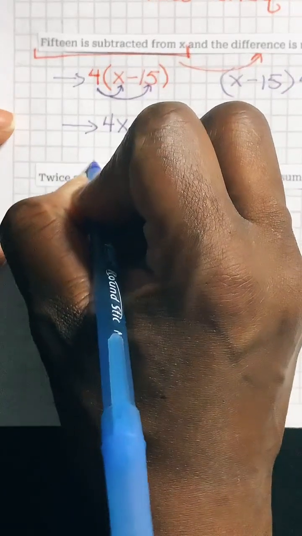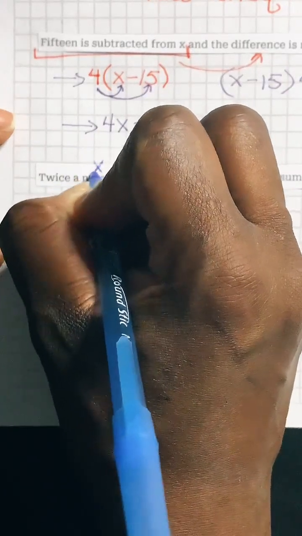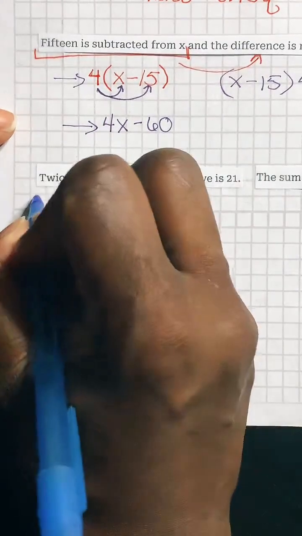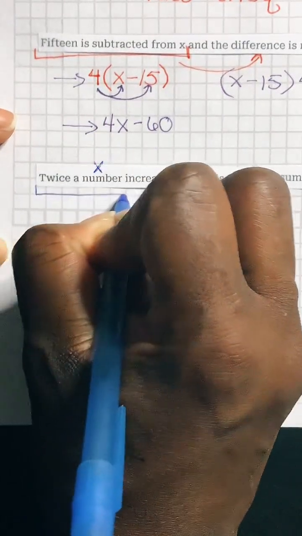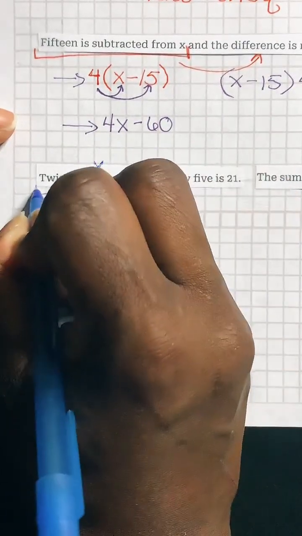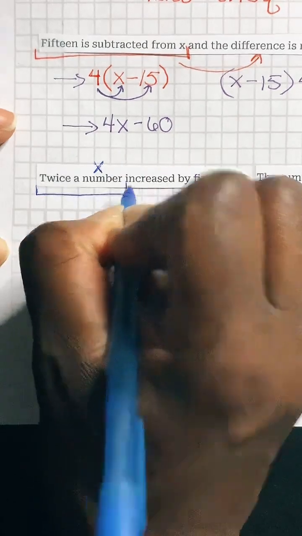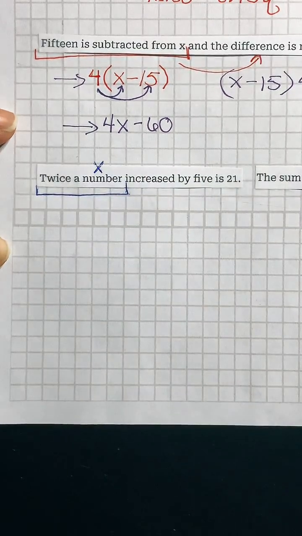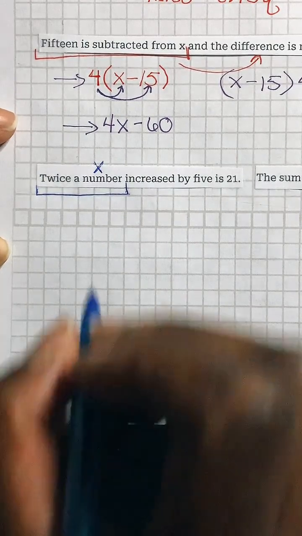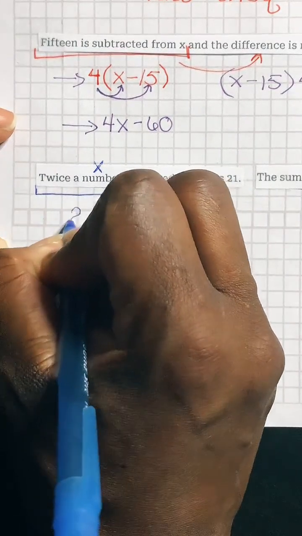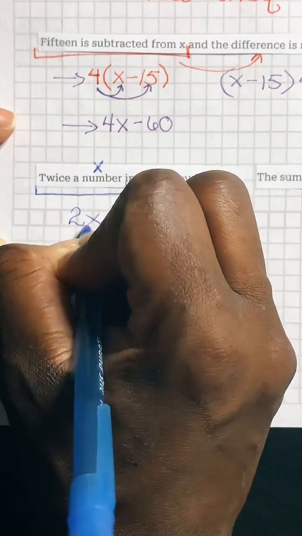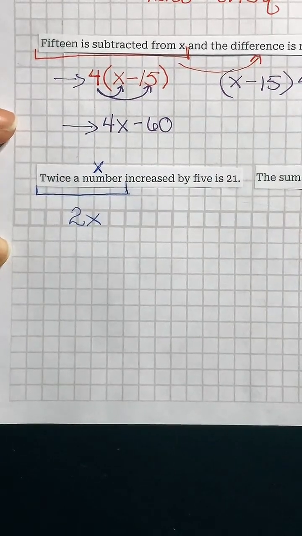So let's say that the number is x. All right. So how would I write 2 times a number? And times is multiplication. Good, Caitlin. Nice. So we have 2x. So we got that part. Good, Gina. All right, we're okay?